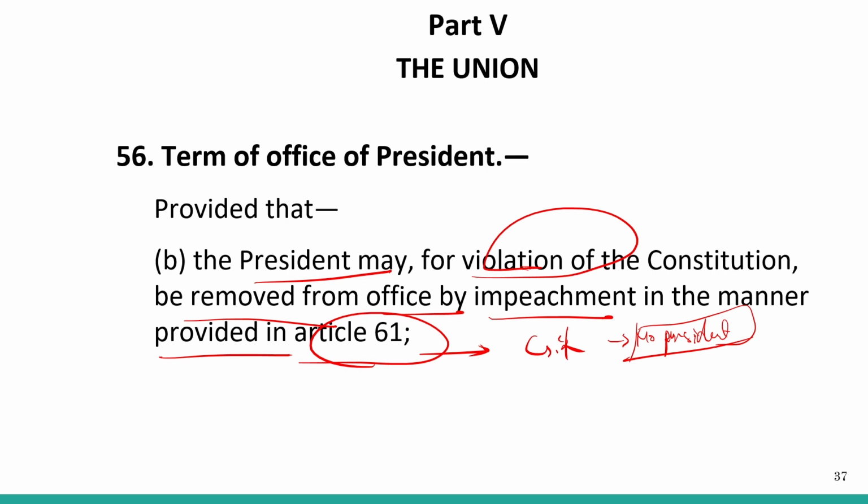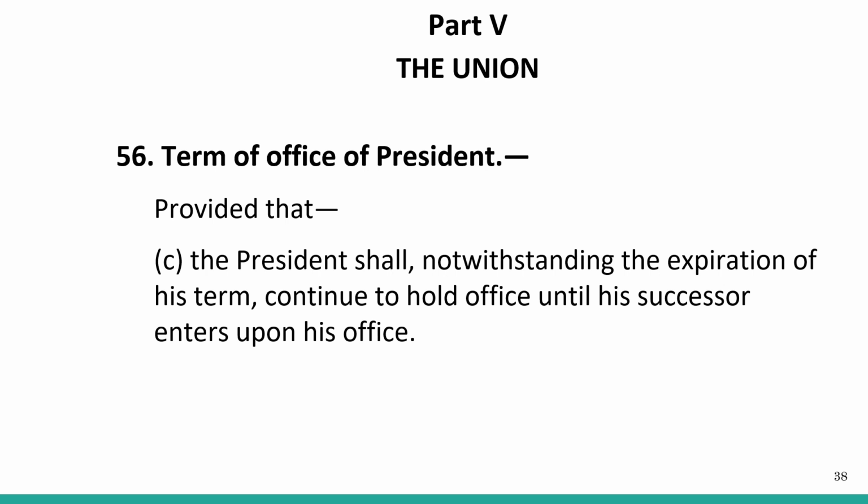Because you have explained to us that whatever the president is going to do, he does by the aid and advice of the council of ministers. The answer is no. The president, by his own choice, can resign from the post by writing to the vice president under his name.